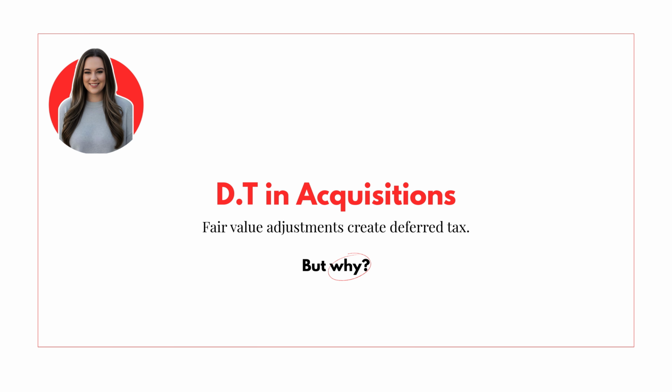And students just try and memorize the rule, okay, which can work. But the real question is, why does simply revaluing an asset create a deferred tax? And once you understand that commercial logic, this whole area will become much easier.